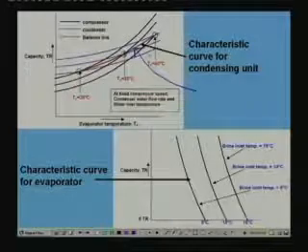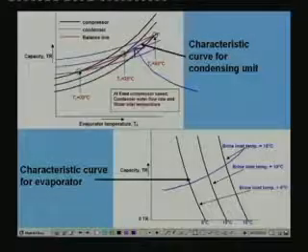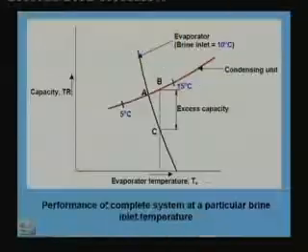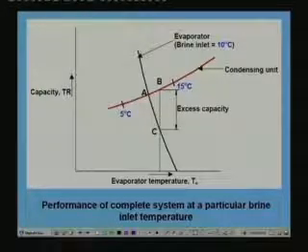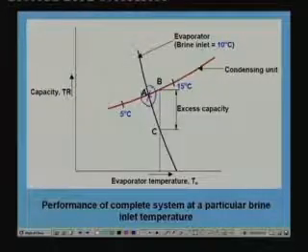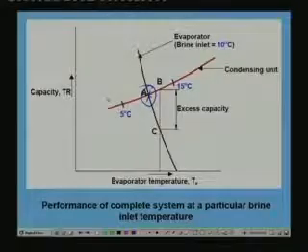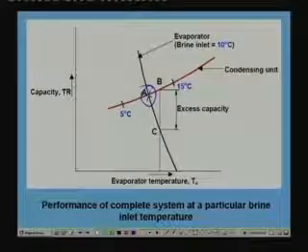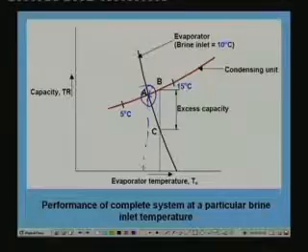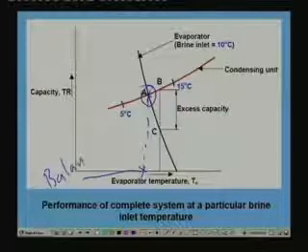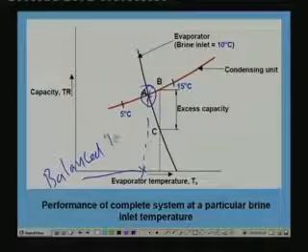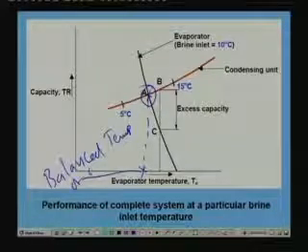So this curve is superimposed onto this one, and where these two curves intersect, that is this point, this will give the balance point for the entire system, and at this point you will find that the evaporator temperature is this. So this is the balanced temperature of evaporator.